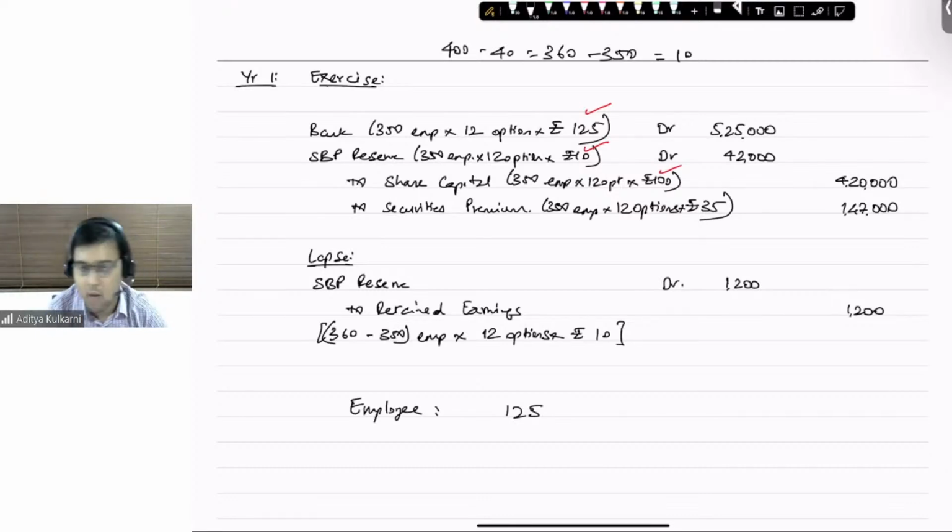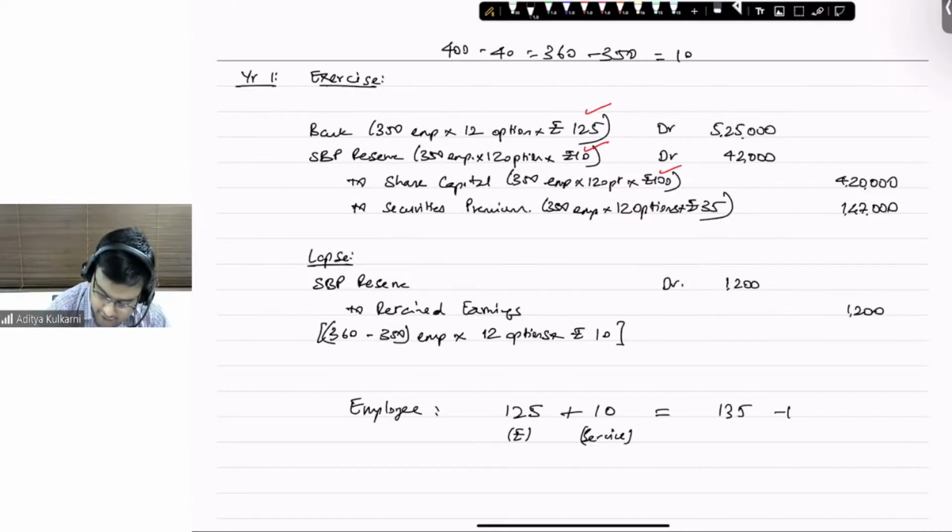He has to work for 1 year, and only then will he get this share at 125. What is the value of that effort? The fair value of the option on the grant date. What is the fair value of the option on the grant date? Sir, it is 10. So the employee is giving 125 in the form of cash and 10 in the form of service. So in total the employee is giving 135. Against 135, my face value is 100. That is why 35 is your securities premium, not 25.